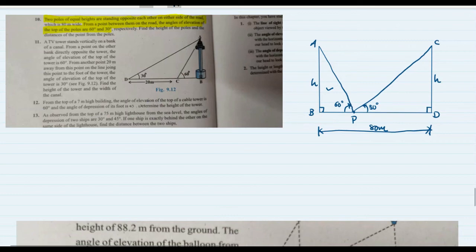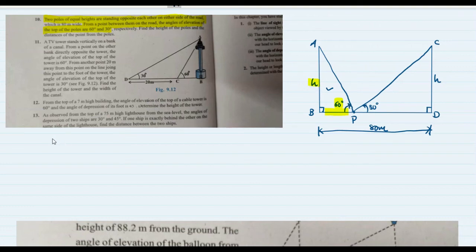So we have to relate BP, H, and this angle 60 degree. Now with respect to this angle 60 degree, BP is adjacent and H is opposite.